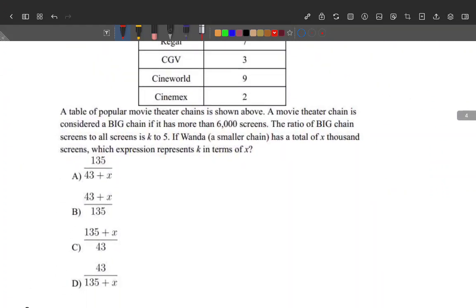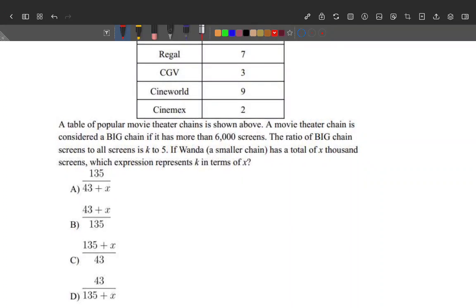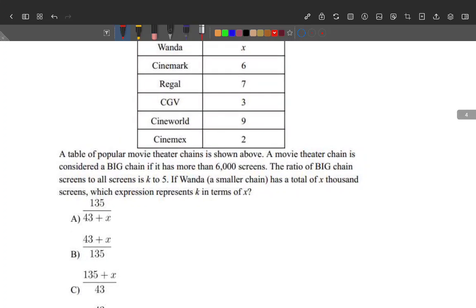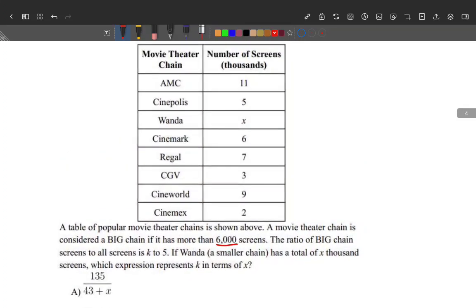And a table of popular movie theater chains is shown above. A movie theater chain is considered a big chain if it has more than 6,000 screens. It means here the number is in thousands. Then I can call big if it is more than 6,000.